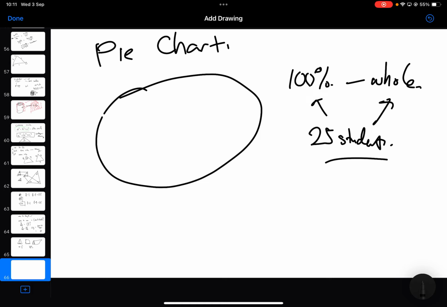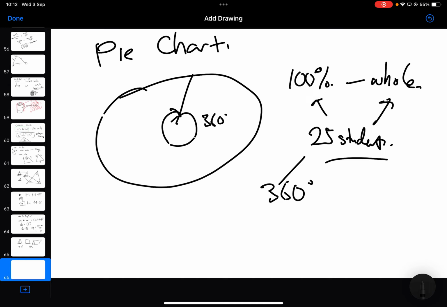Then if we are representing these 25 students in a pie chart, that means a pie chart will have one whole round, 360 degrees. That is to say, 360 degrees represent 25 students.